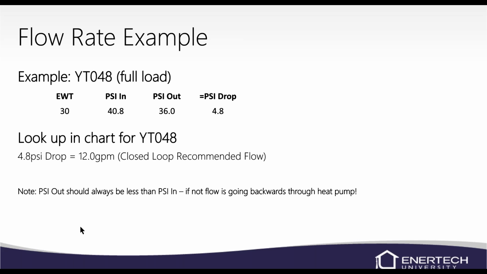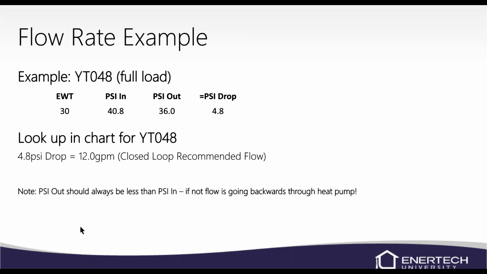Again, if your PSI in is less than your PSI out, then your flow is going backwards through the heat pump. I have seen it occasionally from the factory where someone at the factory put the stickers on backwards. We've got a process now to eliminate that, but it has happened.